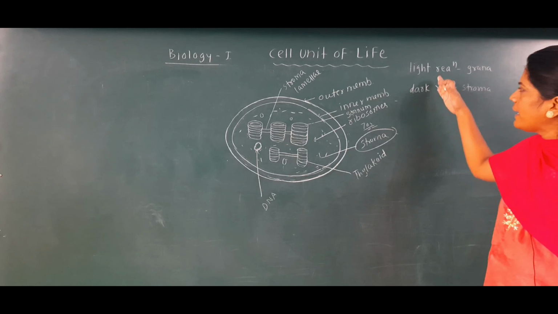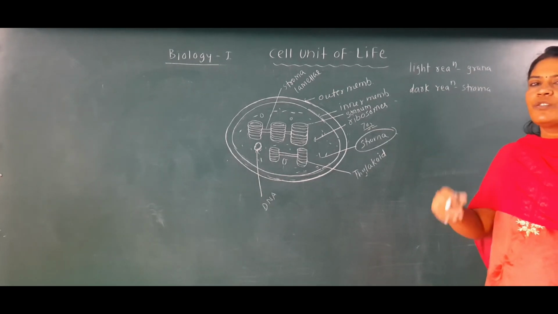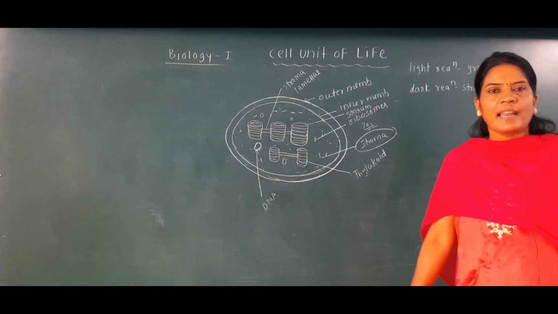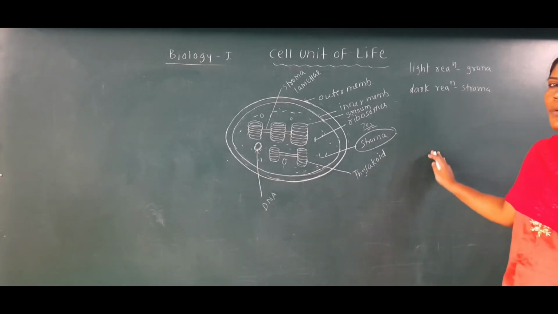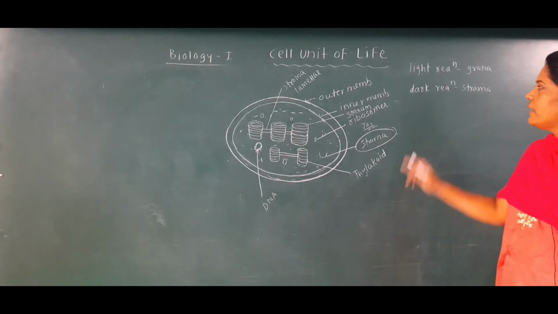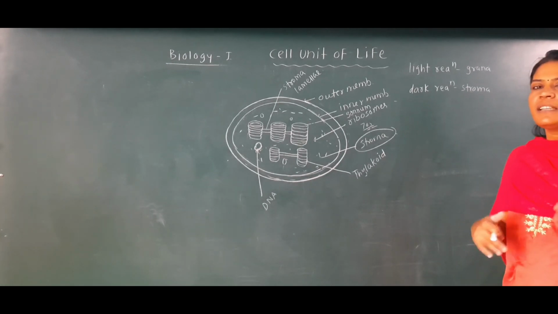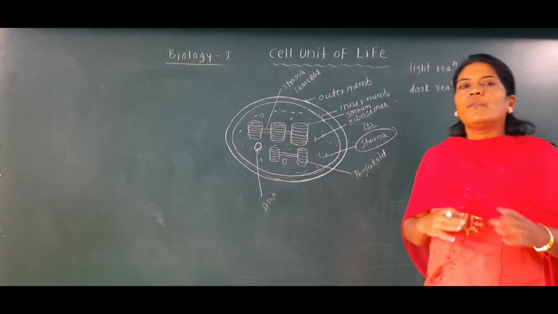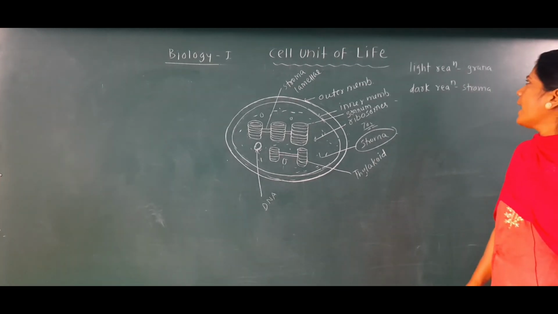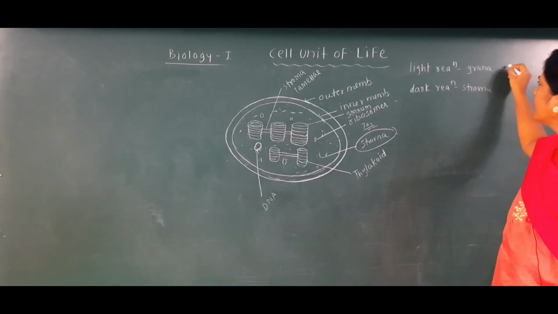Then what is meant by light reaction and what is meant by dark reaction? It simply indicates that in presence of light, light reaction is carried out, in absence of light, dark reaction is carried out. But you have to remember that in the light reaction ATP is produced, while in the dark reaction carbohydrates are produced. Here we have to make one trick for this, that is LG.